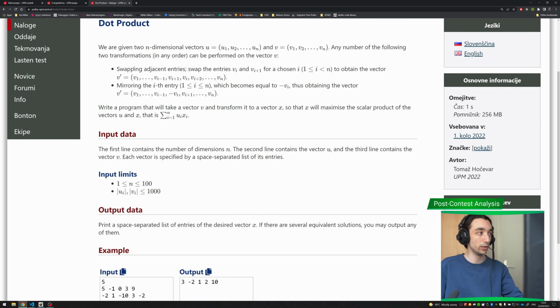But the first observation to notice is that swapping two adjacent elements can mean that you can swap any two elements, not just two adjacent elements, because you can do this operation as many times as you like, and of course in whatever order you want. So not only can you swap adjacent elements, you can swap any elements.